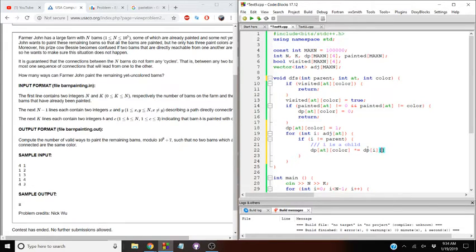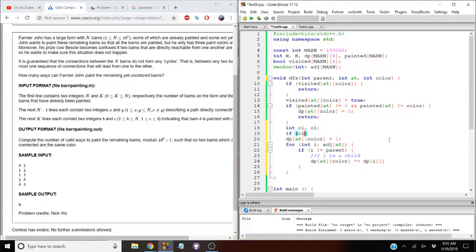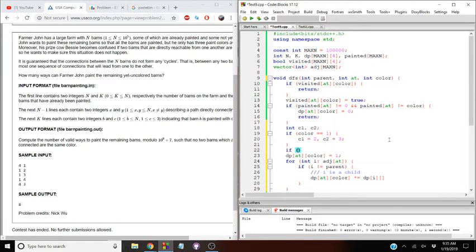So we need to find the other 2 colors. Okay. If color equals 1, then C1 equals 2 and C2 equals 3. If color equals 2, then C1 equals 1 and C2 equals 3.